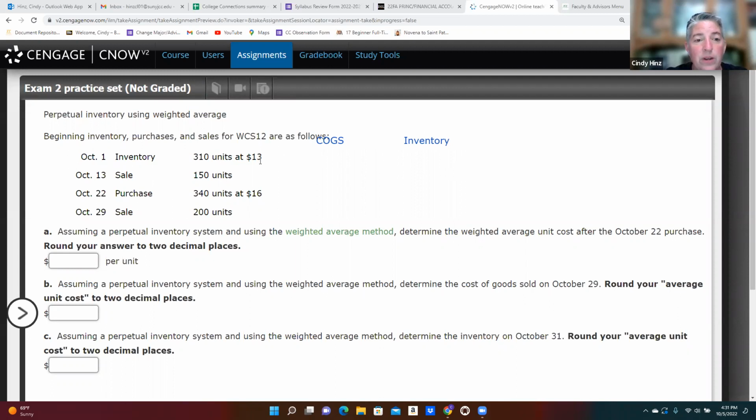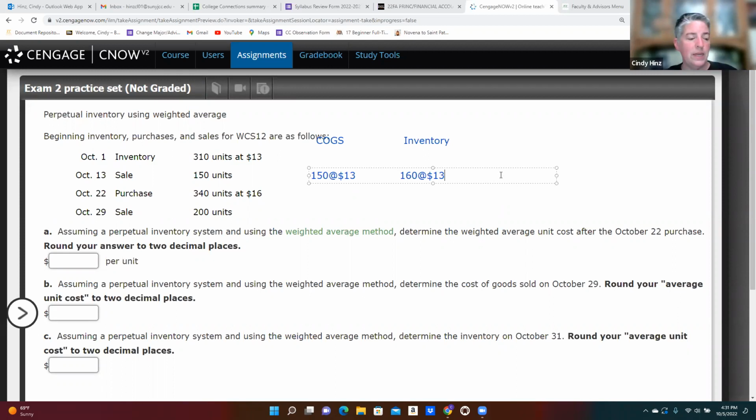So we have our inventory as of October 1st. On the 13th, we sell 150 units, and those all have a price of, use the @ symbol again, $13. And so our inventory is now down to 160 units at $13.